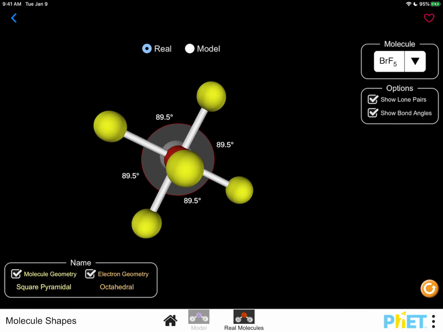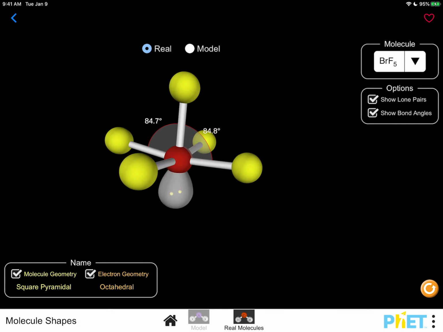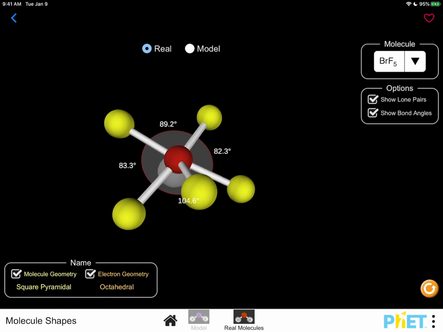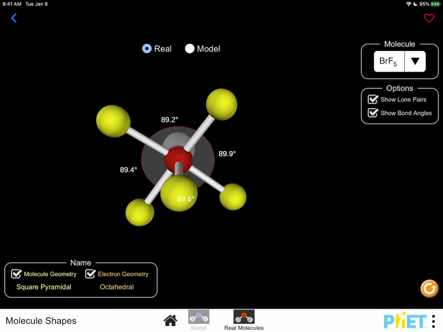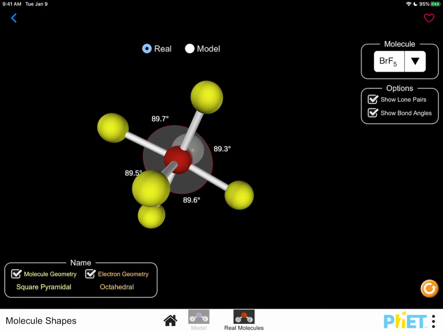Well, so sorry, they're about 90, a little less than 90 for the 4 on the plane, and this definitely is getting pushed up. It's a little smaller. So it's a little less than 90 here, but you should see that because we're seeing this equal pushing in all directions, that the angle that we see between like this atom and this atom is still about 90.